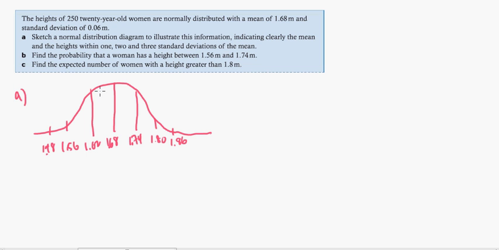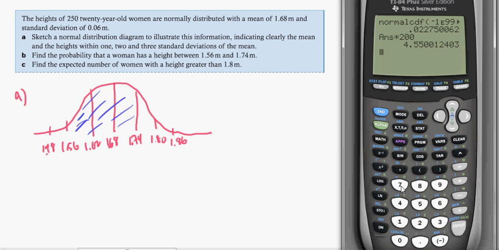So what they want is this area right in here. Now, the calculator is going to give us an exact value. You can do this by percentages, but I don't agree with that. So I just want to go straight to the calculator and go normal. In this case, we don't have to put a high or a low number because they give us the boundary. So the lower boundary is 1.56. The upper boundary is 1.74.